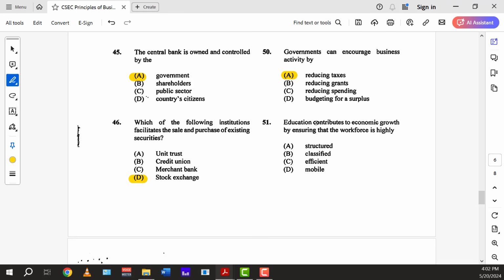Right? 51. Education contributes to economic growth by ensuring that the workforce is highly A. Structured, B. Classified, C. Efficient, or D. Mobile. Best answer efficient. Right? When you become educated, you know how to do things better, and you're more productive because you're more efficient.